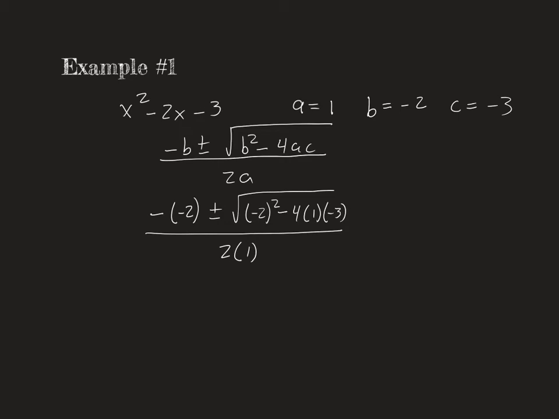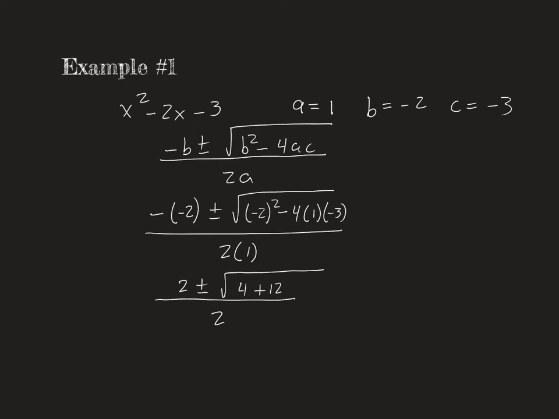At the beginning you have negative negative 2, that's going to be positive 2. And then inside you're going to get negative 2 times negative 2, which is 4, minus 4 times 1 times negative 3, which is positive 12, all over 2.